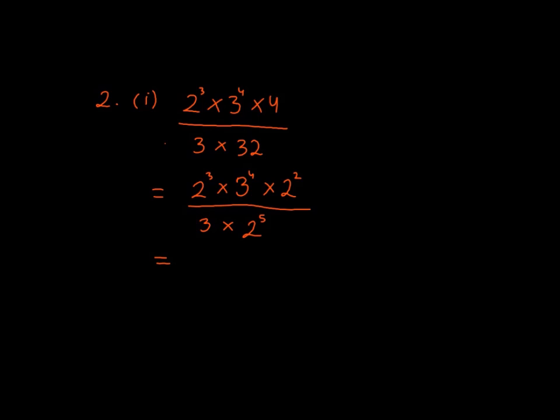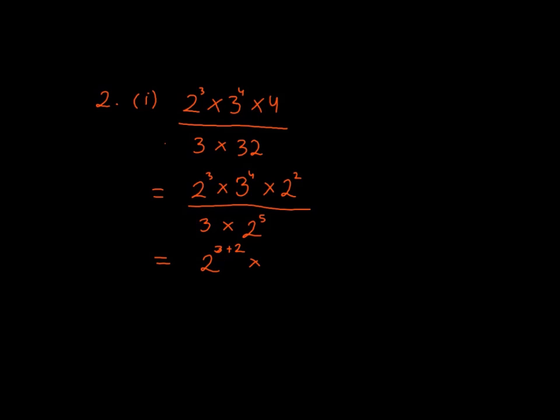Now, you can see all the numbers in the numerator as well as in the denominator are in exponential form of their prime factors. Combining all the powers of 2 in the numerator, we will be getting 2 raised to power 3 plus 2.